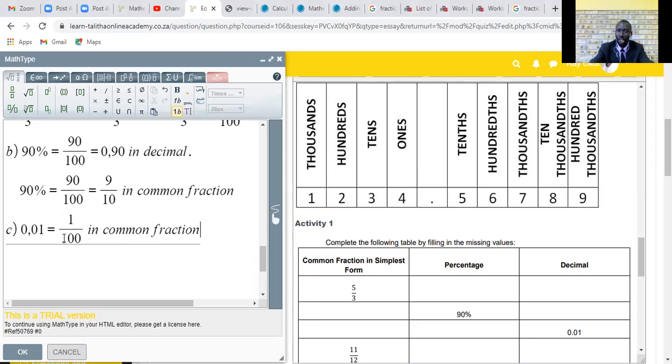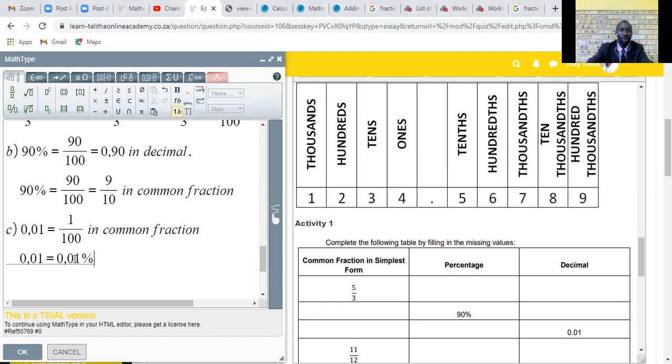Then in percentage, okay, well, let's see how it will come. So this 0.01 in percentage, the 0.01 will be written as 0.01 with a percent, or 0.01 hundredth. You see?